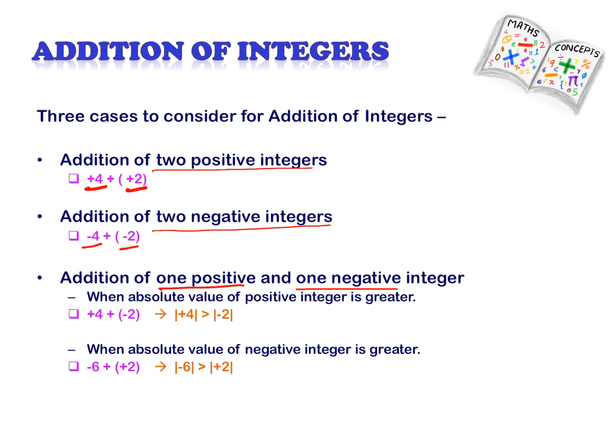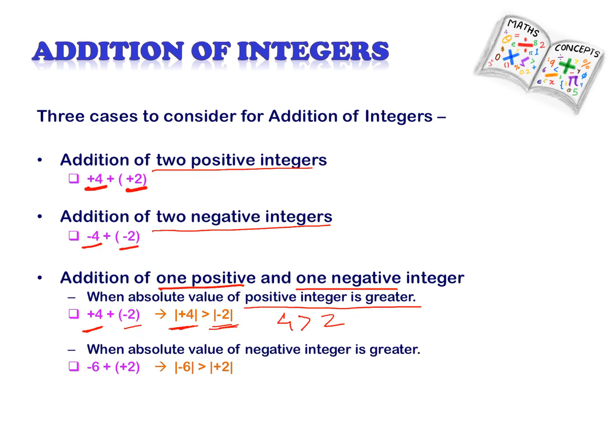again 2 cases. One is when absolute value of positive integer is greater. Example is plus 4 plus minus 2. So modulus, that is absolute value of plus 4, is greater than absolute value of minus 2. Obviously 4 is greater than 2, that's why absolute value of positive integer is greater here.